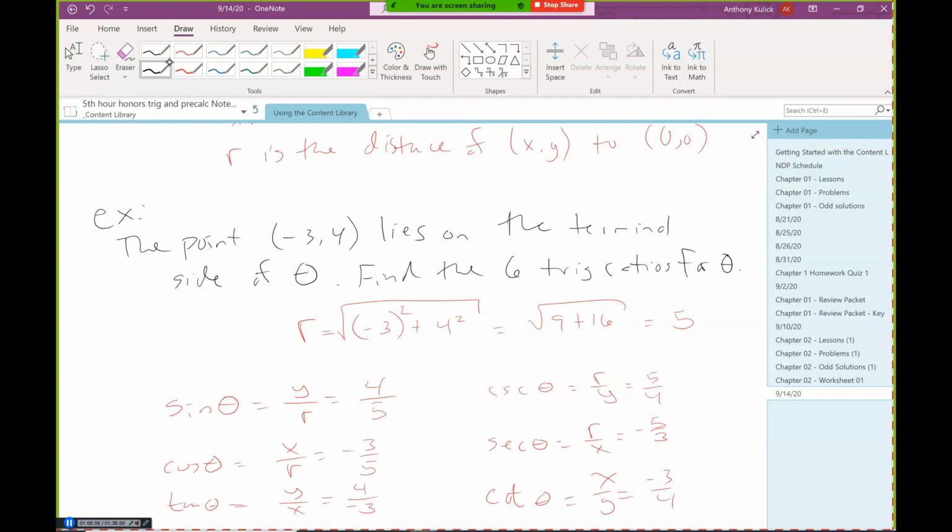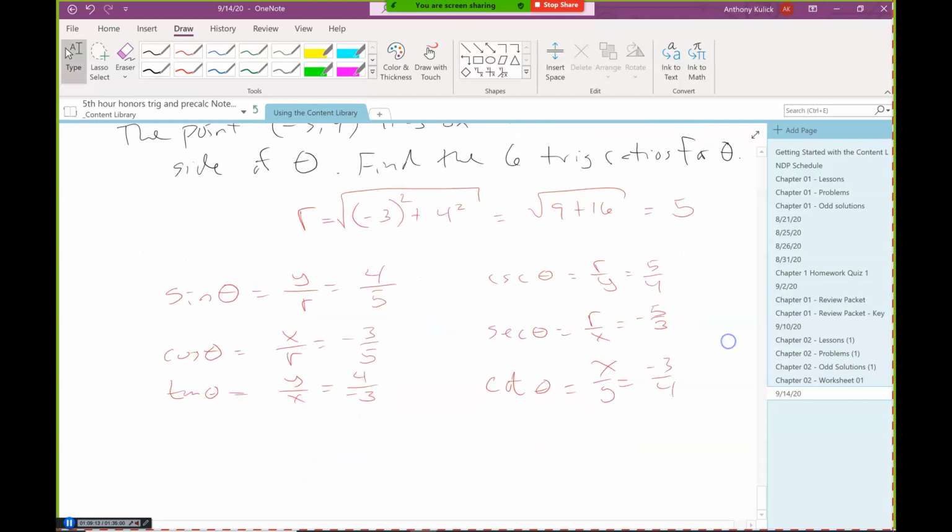Just as a heads up, we've done a lot today. So there's a lot of problems from the homework set that you guys should be able to do at this point. So if I look at this, it looks like we could do up through 46.